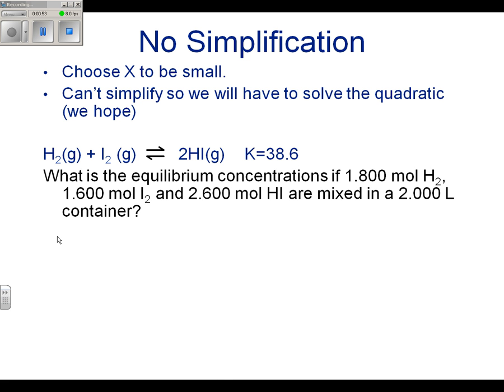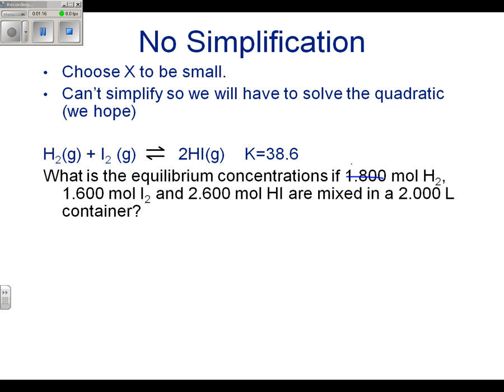All right. So in this case, we have our mole concentrations up here, and we have to calculate our molarity. It is in a 2-liter container, so that means that molarity is moles divided by liters. So each of these amounts are cut in half to get our molarity.